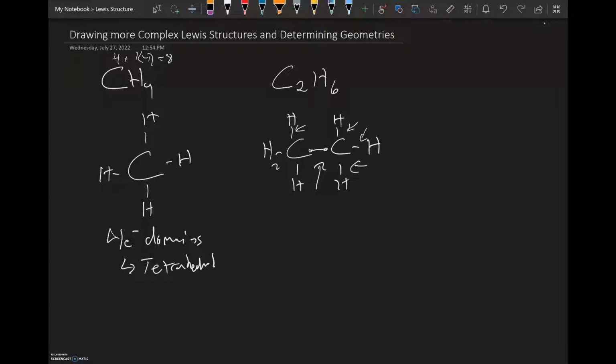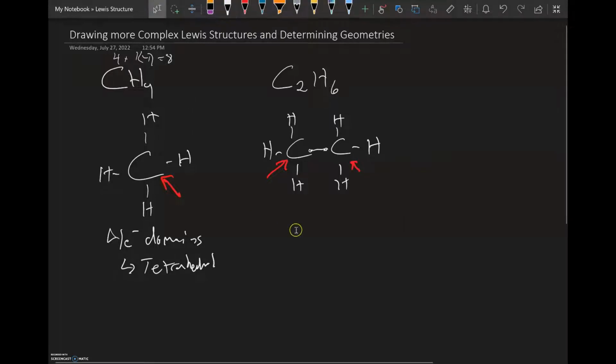So what we have to do is break it down into the individual carbon atoms that are going to be found as centers. You say, well, what do you mean by centers? In the first molecule, we looked at the fact that you have 1 carbon atom. Well, that's easy. Now in this molecule, you're going to have 2 carbons, and each carbon itself acts as a center, so that's where we're going to figure out our domains.